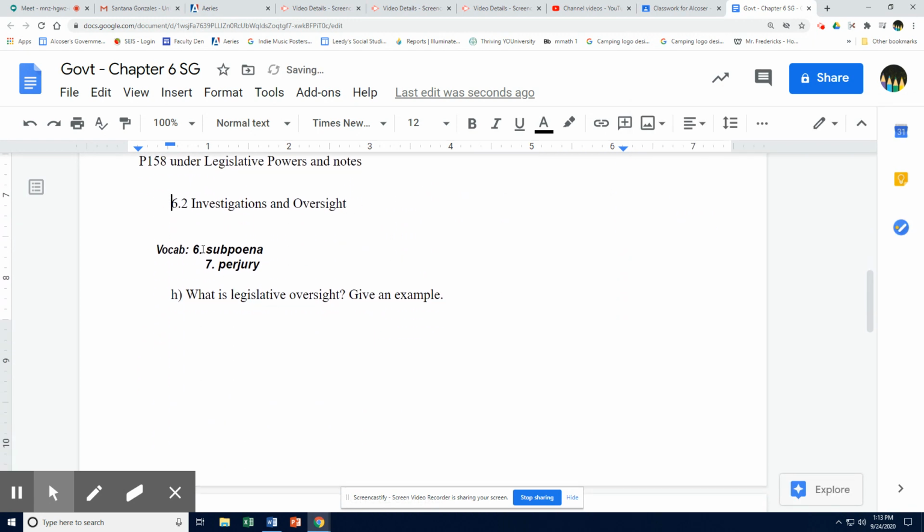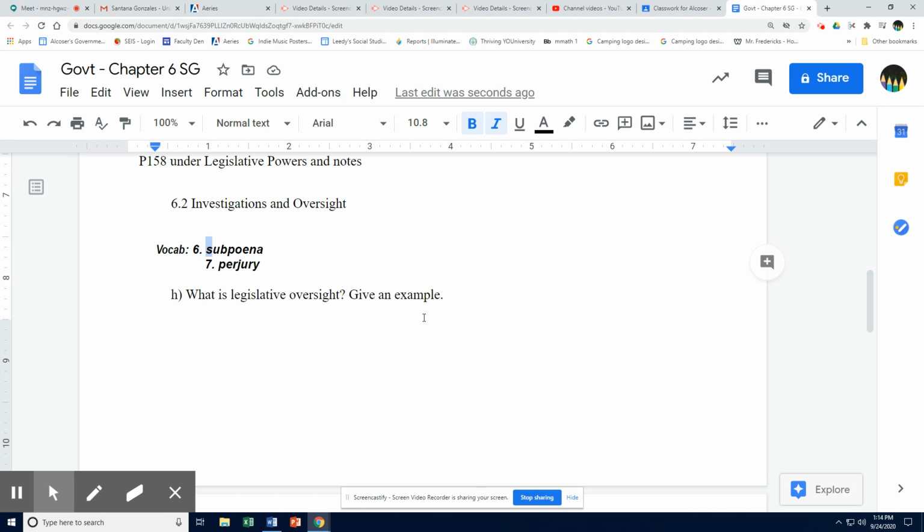Okay, so let's look at 6.2, investigation and oversight. These are your terms. What is legislative oversight? Give an example. Let me get to the right section here. On page 169, you can see it says legislative oversight at the bottom of the page in the first column.